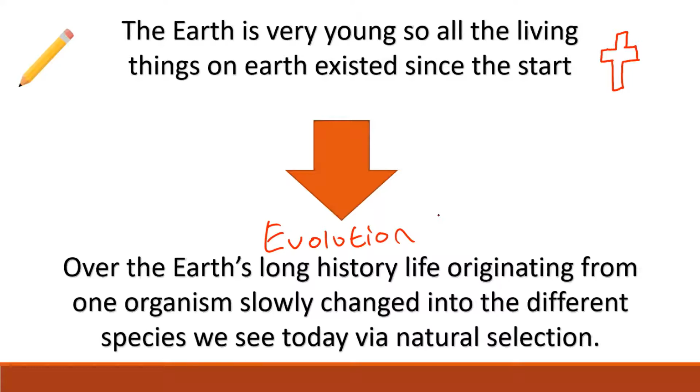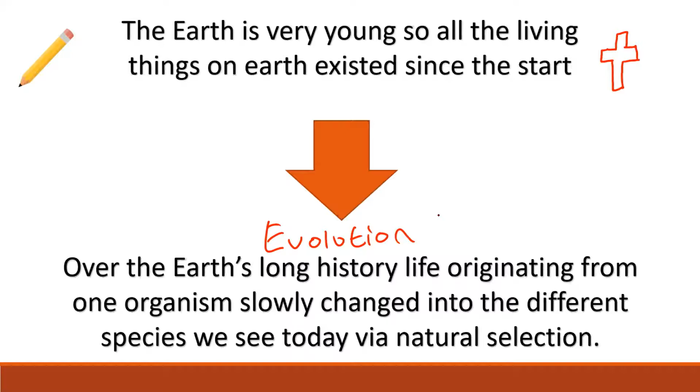This idea, hopefully you can appreciate, is very different from the idea above. The idea above, the Earth is very young, and this one, the Earth is very old. And the first one, life has just always existed, and the second one, life changed over time and slowly morphed into the species we see today from one original species.